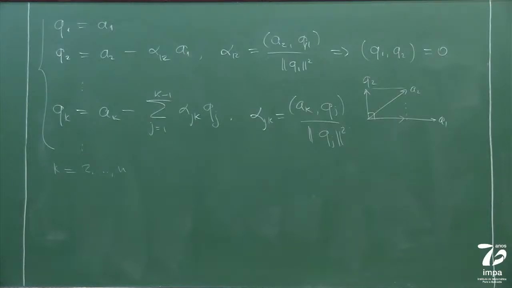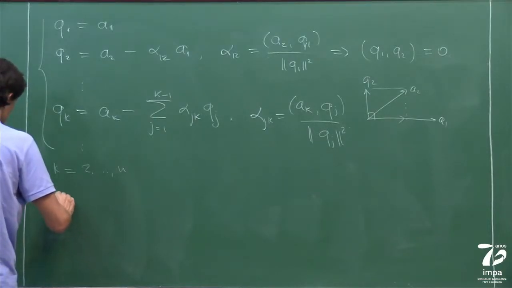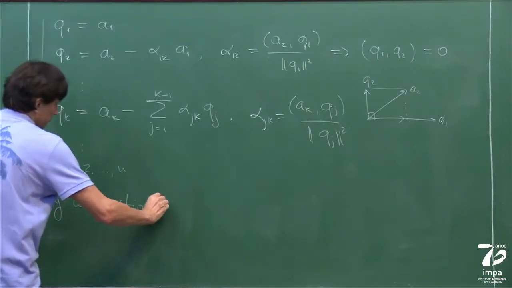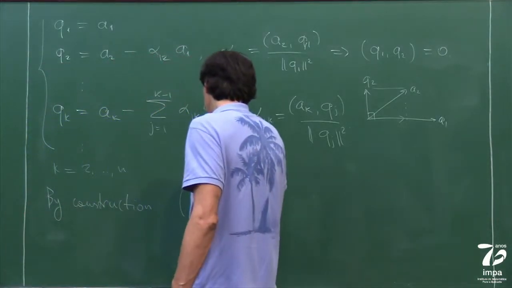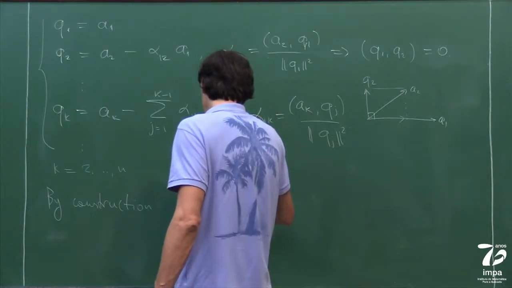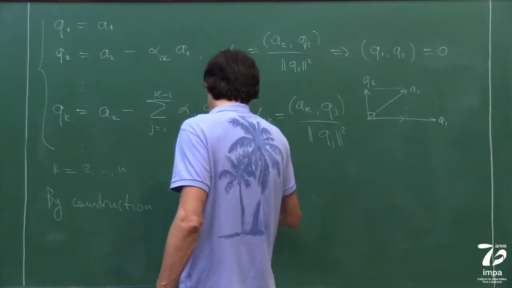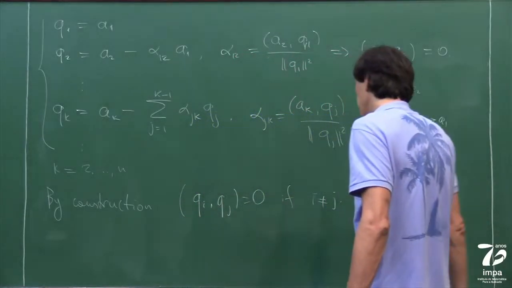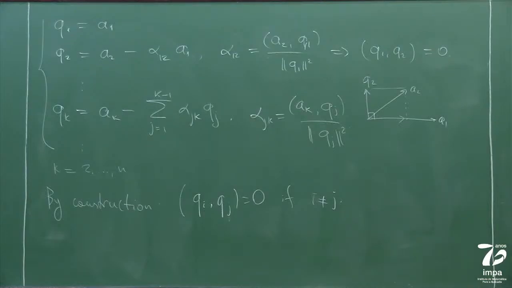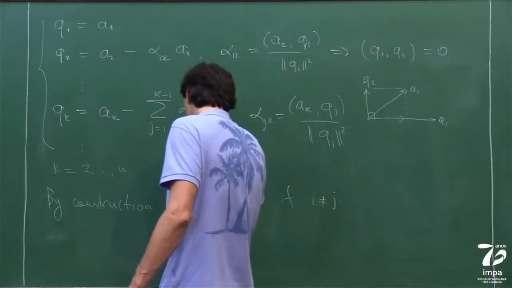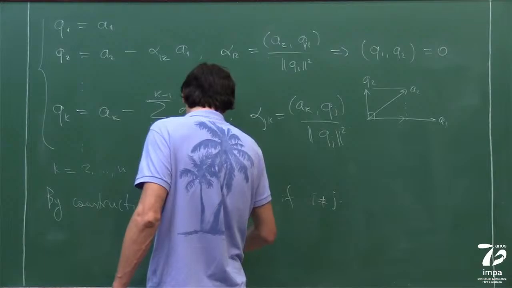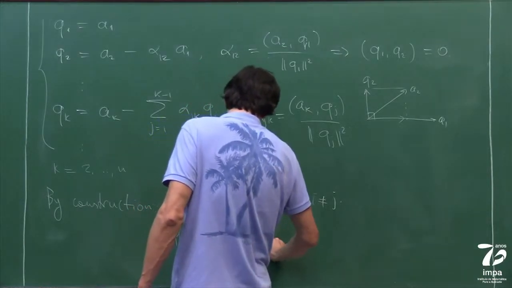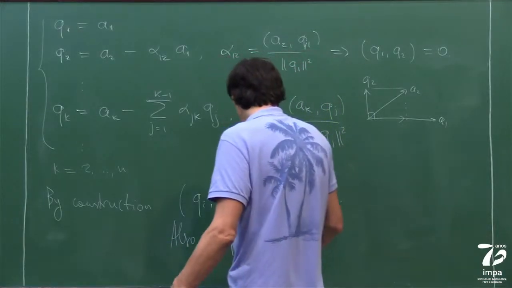So by construction, they are orthogonal. So qi, qj, the scalar product is 0 if they're different. But also, the norms of all of them are non-zero because the original system was linearly independent.